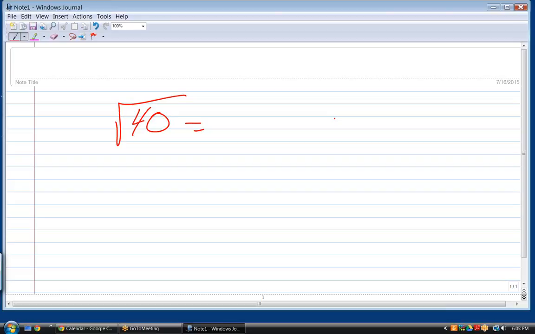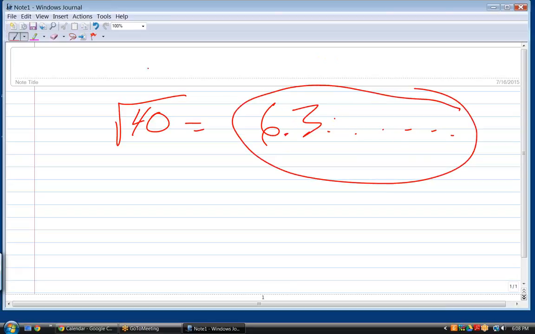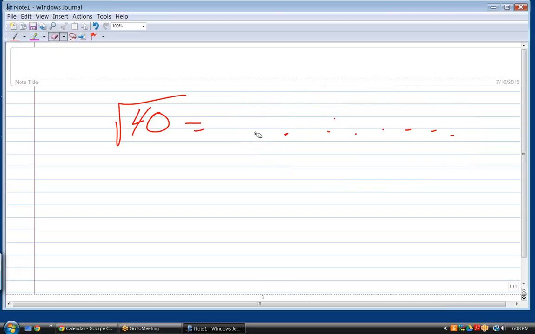Well, regularly would be putting it in a calculator and coming up with an irrational number. In other words, it's not 6 times 6, that would be 36, but it's 6 and change. If I square this number, I would get 40. So that would be the regular way.